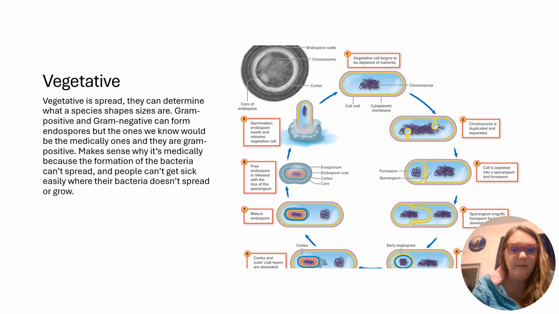And a lot of this makes sense because the medical form of the bacteria can't spread and people can't get as sick easily, because where the bacteria doesn't spread or grow, then it can't form a type of virus for us to get sick.